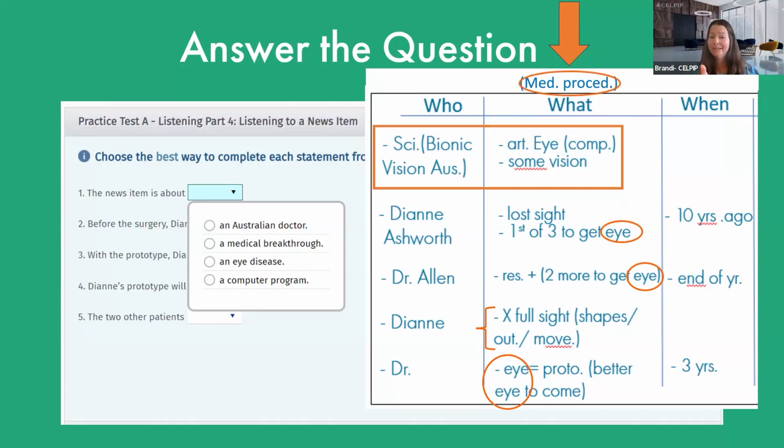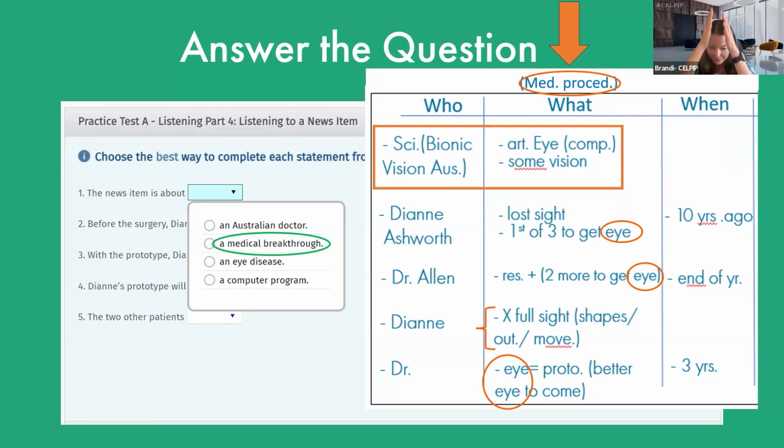Remember back at the opening when we wrote this little detail as well from the computer screen, we were told it's a medical procedure. So even looking at the language, medical procedure, and then you look back at those answer choices, those of you that selected B, medical breakthrough, are absolutely correct. So again, it's knowing what the question type is, general meaning, what's going to be most helpful, the introduction, and how do I double check I've got it right?